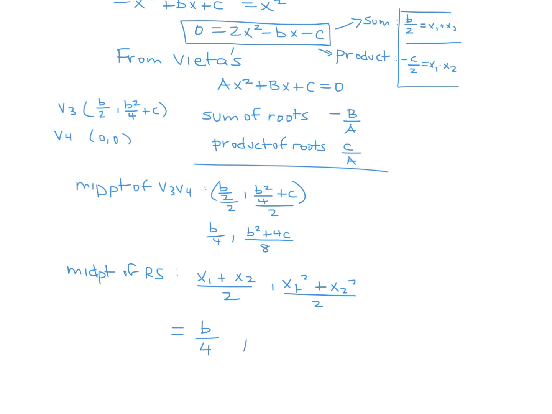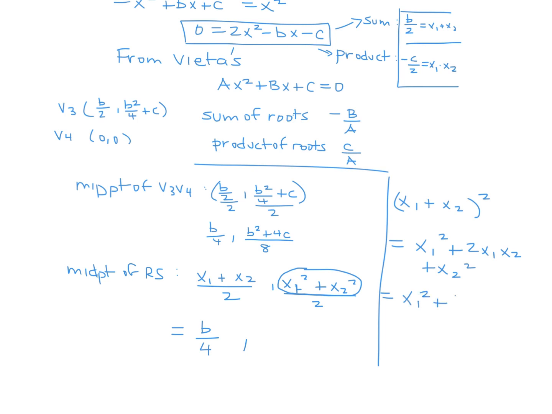And this guy, hold on one second. Oh boy, this is not as straightforward here, so I've got to come up with a little bit of algebra. x1 plus x2 squared, let's see if I can get that expression, is x1 squared plus 2x1x2 plus x2 squared. Okay, so that's x1 squared plus x2 squared. I got this, but then I got that plus 2x1x2. Okay, that's where this comes in. So this, according to Vieta's, is b squared over 4.